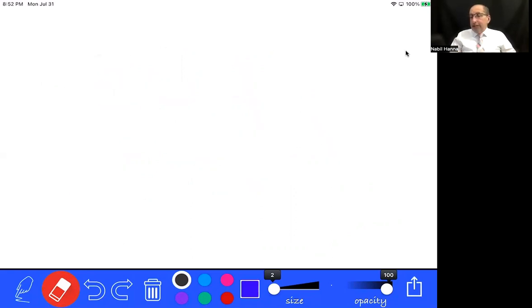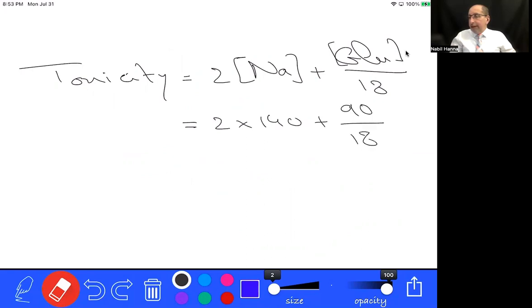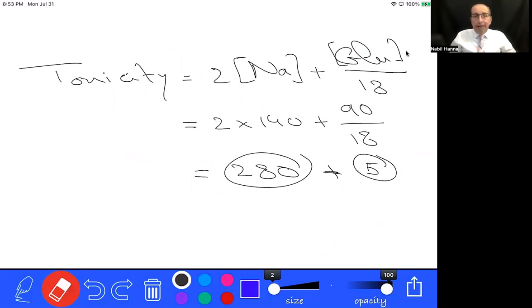Back to this magic equation. Tonicity is twice sodium plus glucose divided by 18. Tonicity is 2 times 140 plus 90 divided by 18. Tonicity is 280 coming from sodium plus 5 coming from glucose. Sodium is the major contributor of tonicity.